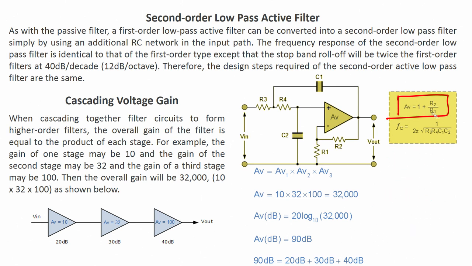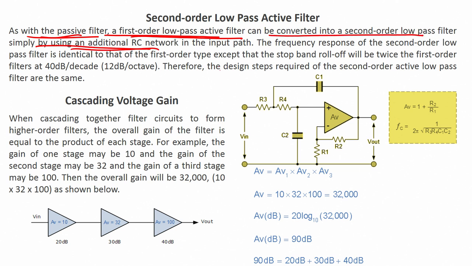Anyway, let us see. As with a passive filter, a first order low pass active filter can be converted into a second order low pass active filter by using an additional RC network. The frequency response of the second order low pass active filter is identical to that of first order, except that the stop band roll off rate will be twice that of the first order. That means, if you see the first order filter, you will see 20 dB per decade, right.